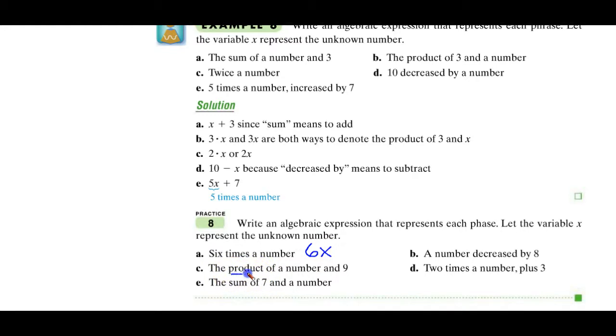The product of a number and 9. Again, product indicates multiplication. The sum of 7 and a number. Sum indicates addition. A number decreased by 8. Decrease indicates subtraction. 2 times a number, 2x, plus indicates addition, 3. There we go. And again, you'll be practicing this and getting your Quizmes.